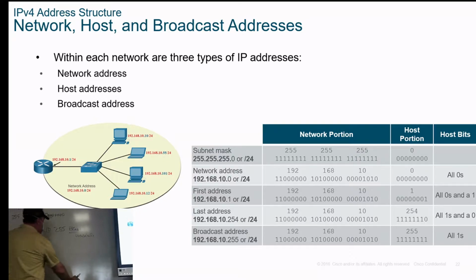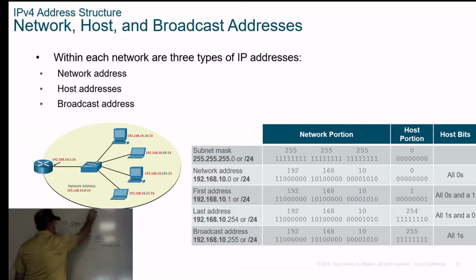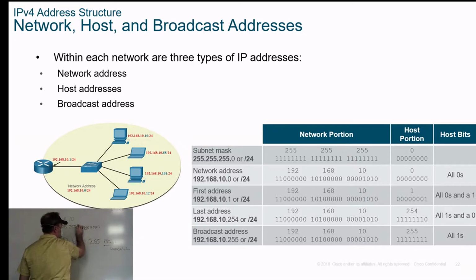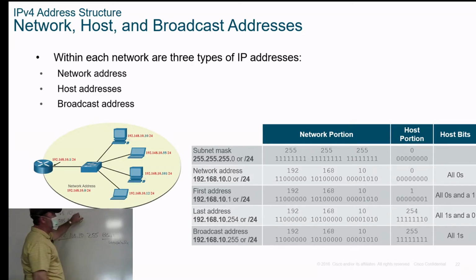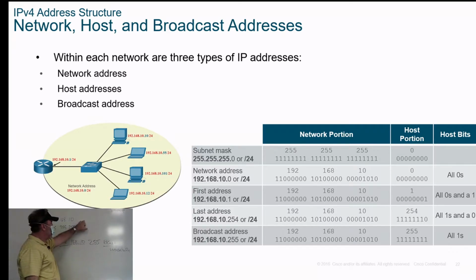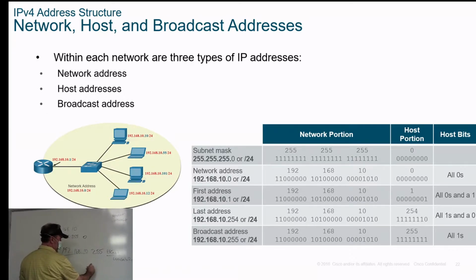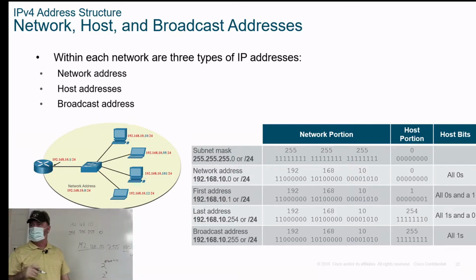So if I wanted to calculate how many addresses that I have are usable, just so you guys know, there's a formula. So you take the number of host bits, which we know is 8. So we go 2 to the 8. And you subtract 2.